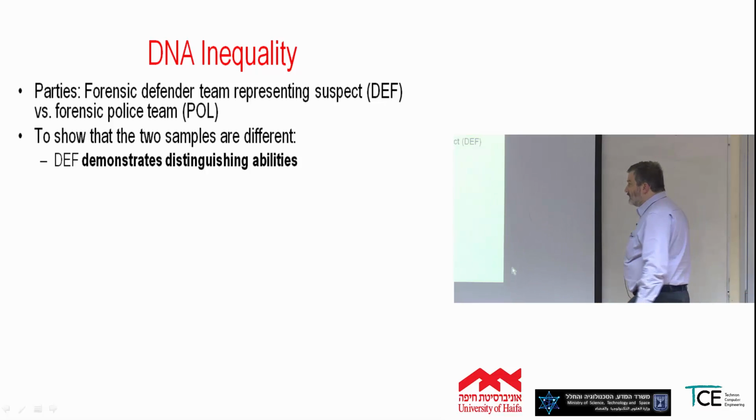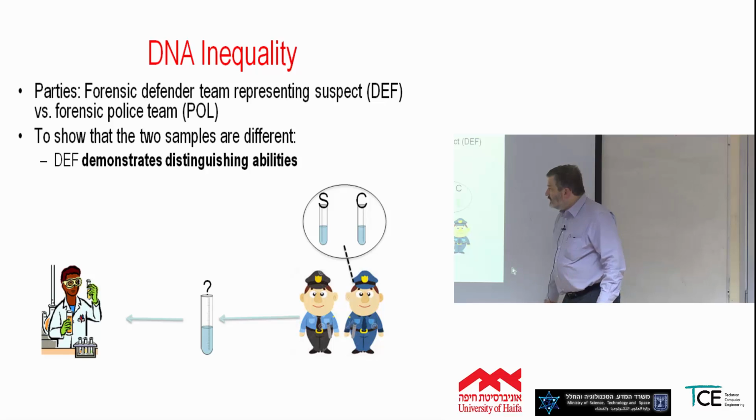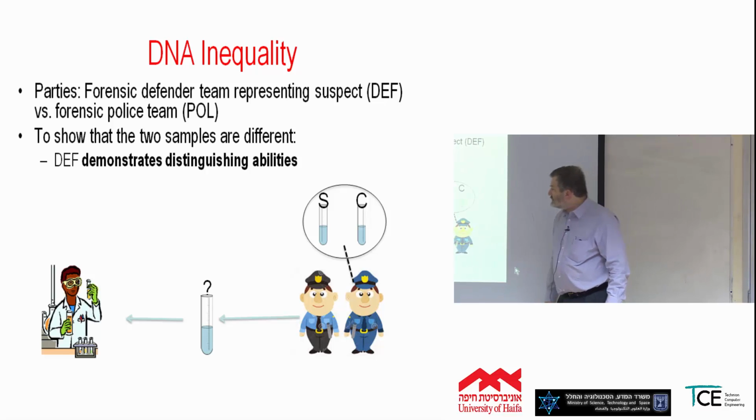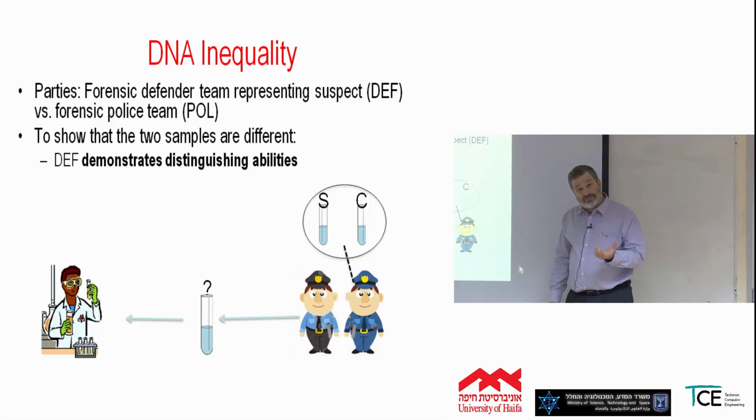But right. So here, what do we have? There are two tubes, the suspect and the crime scene, and the defender claims that they're not equal. So it's very similar to the Coke-Pepsi thing.